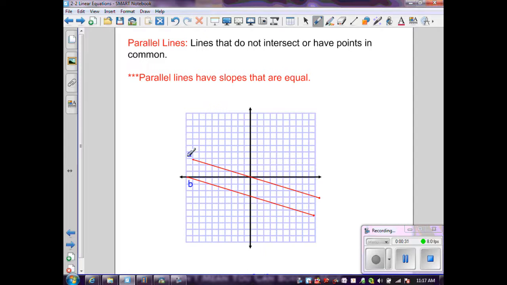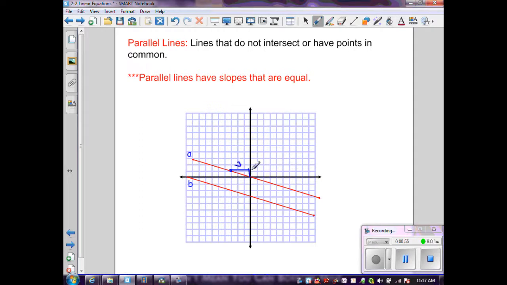I know that both of these lines are decreasing from left to right, so I know both of them are negative. Here, it looks like an intersection point for whole numbers for my ordered pairs, 0, 0. The next one would be over here, which looks like at a negative 3, 1. All I would have to do is actually count. Here, I'm going to have 3 over and down 1.